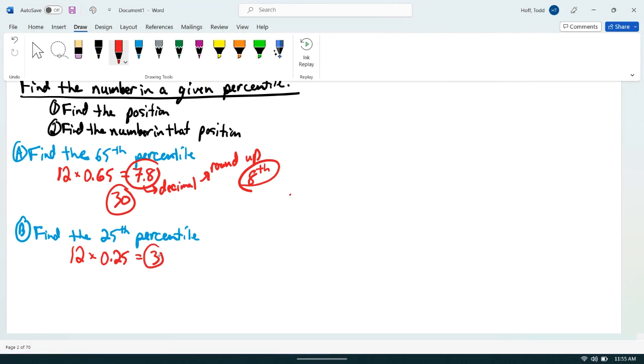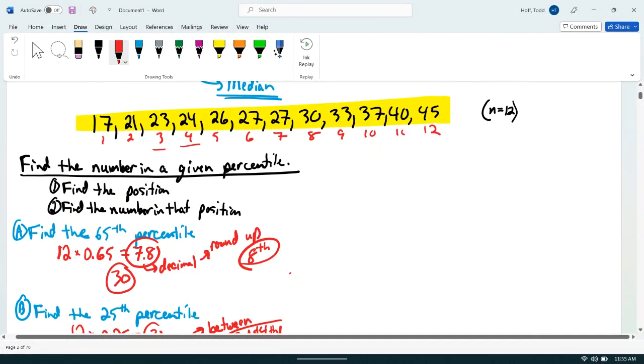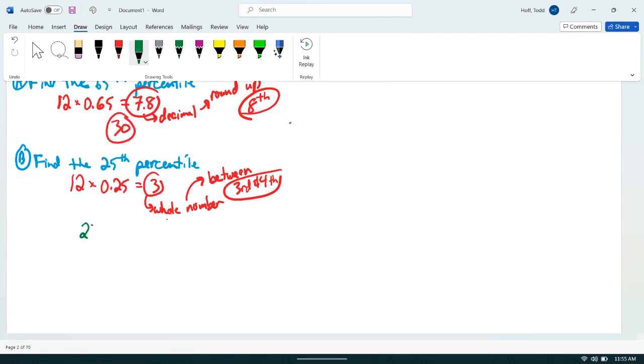Now remember, since this is a whole number, just like we did with the median, I should say, it's between that position and the next. So it's between the third and fourth position. So third is 23, fourth is 24. So to find out what's between those, we add them together and divide by 2. So 23 plus 24 divided by 2 is 23.5, is the 25th percentile.